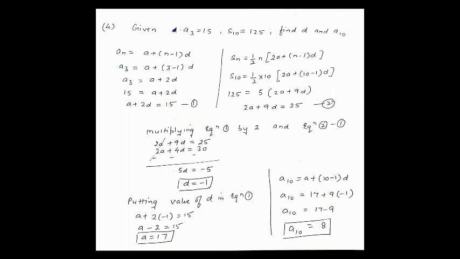We know the formula AN is equal to A plus N minus 1 into D. In place of N we will put 10. A is not given, we have found it as 17 by putting the value of D in equation 1, and D we have found as minus 1. So on simplifying we will get A10 is equal to 8.